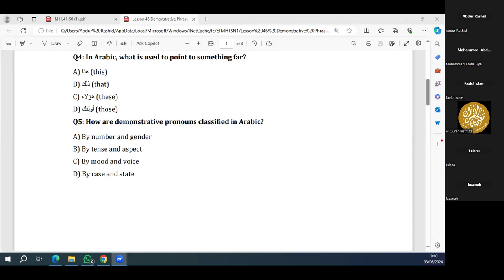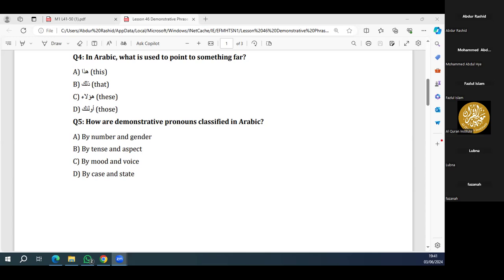C, what is mood? What is mood, my brothers and sisters, in relation to Arabic grammar? Please answer in the chat box. Haraka in the last letter, Irab. The answer is Irab. State is also another name, and case is also another name for Irab.